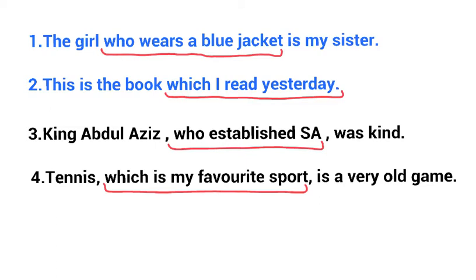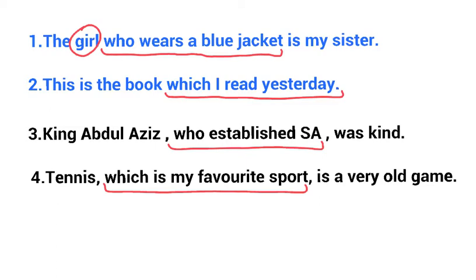Now, do you know what is the difference between the first two examples and the second two? The difference is that the first two relative clauses are very important to define the noun that comes before them. So, who wears a blue jacket here is very important to define the girl.